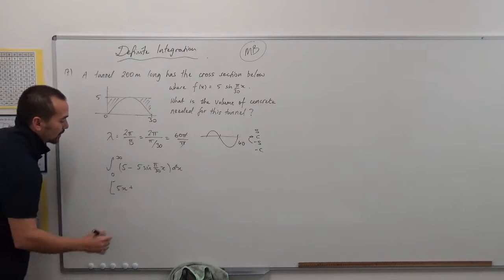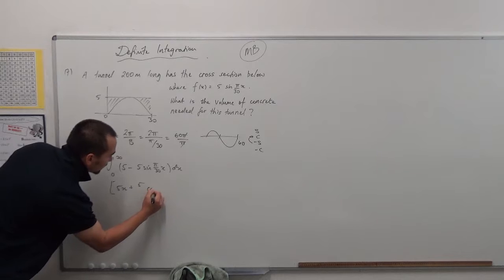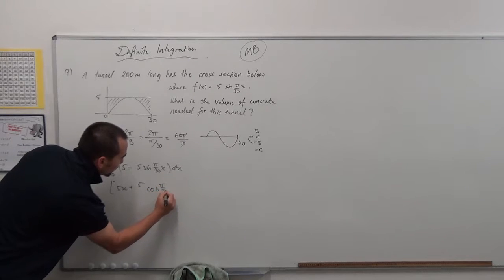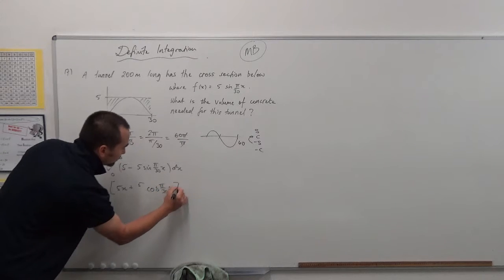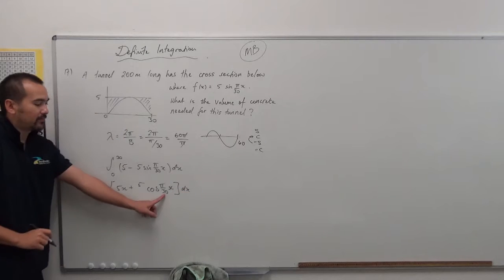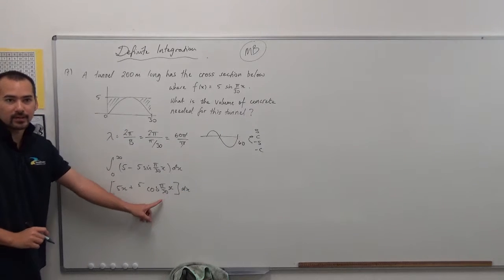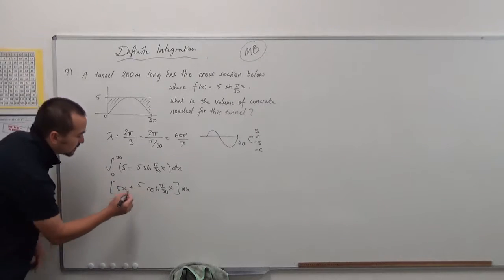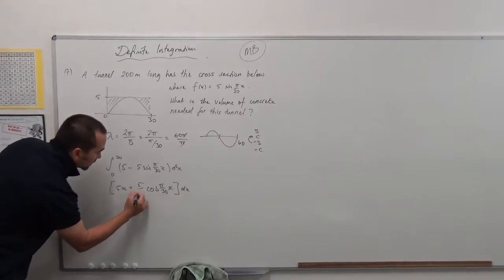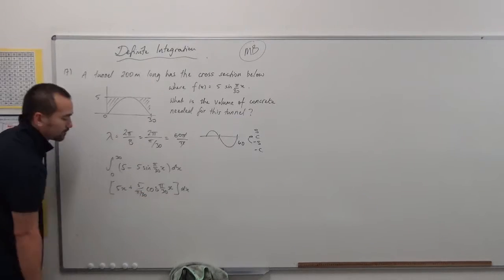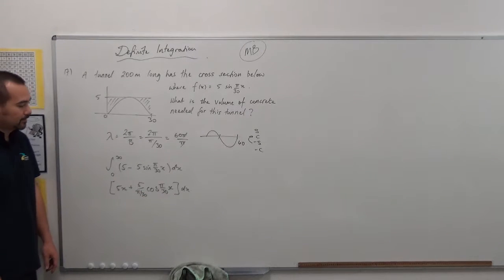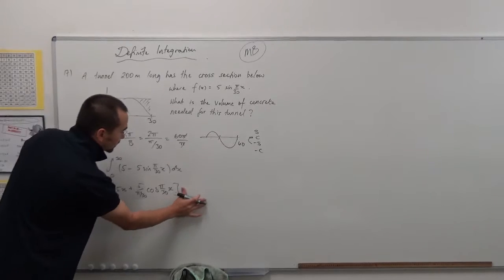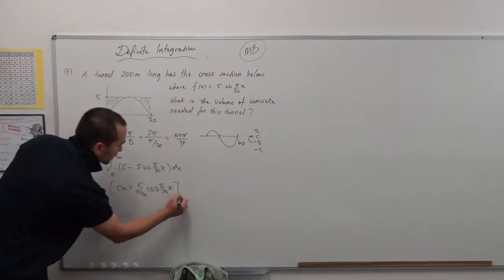So we get 5 cosine pi on 30x, and we have to divide by the derivative of the inside, pi on 30, on the boundaries 0 to 30.